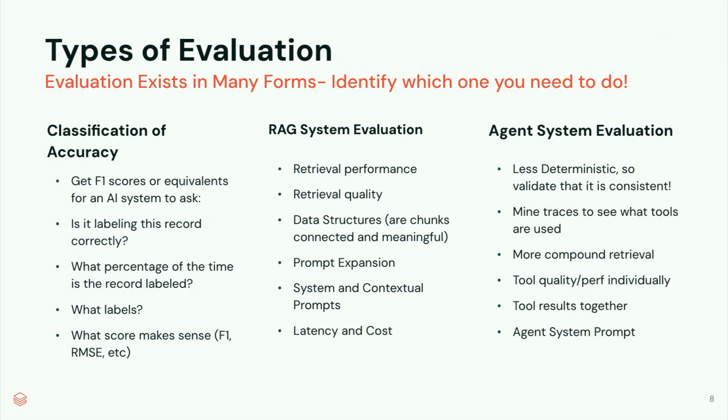In a RAG system, you might highlight retrieval performance or retrieval quality, prompt expansion, latency, costs, and so forth. For an agent system, you want to highlight whether the agent is deterministic, the tool quality and performance individually, as well as the tool results together.